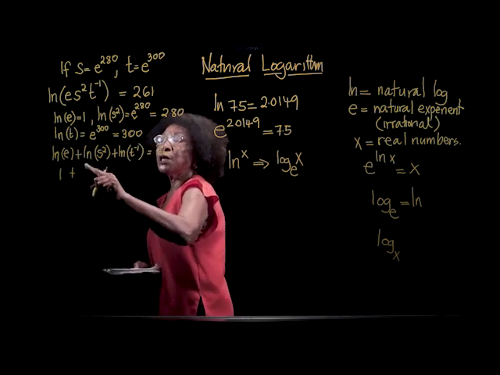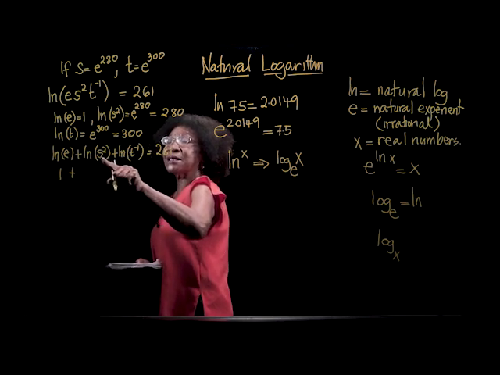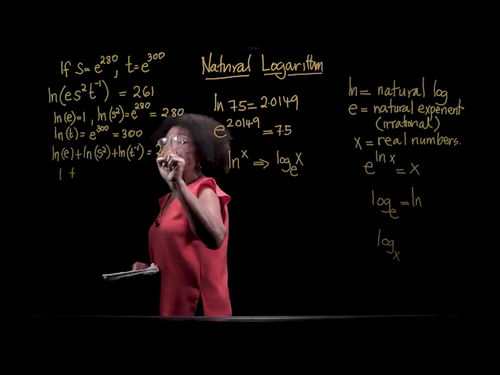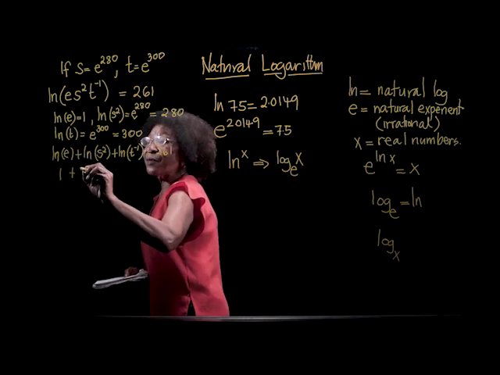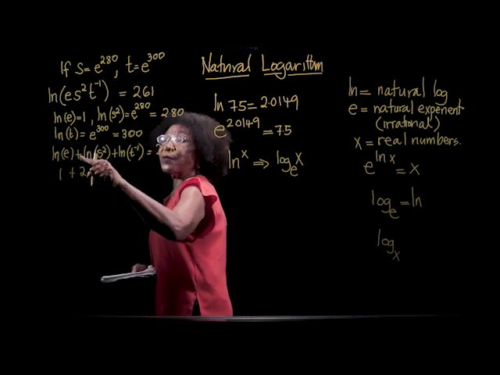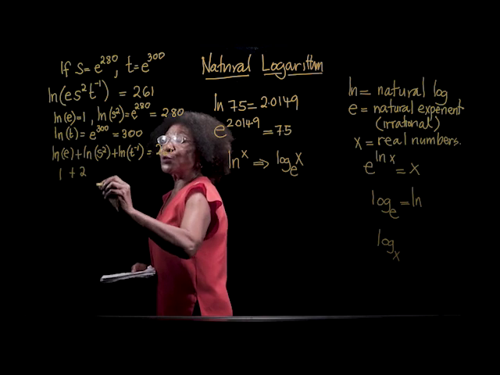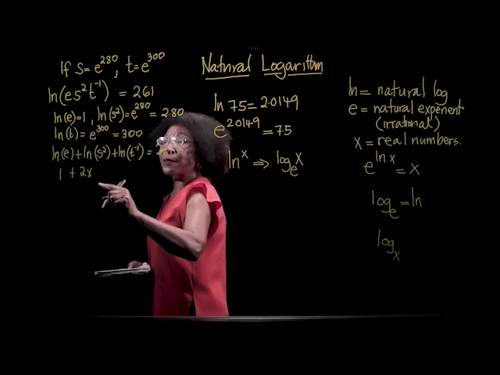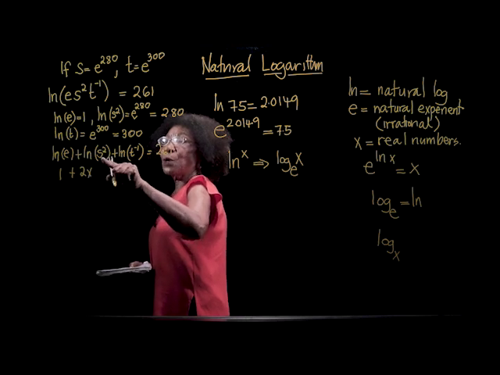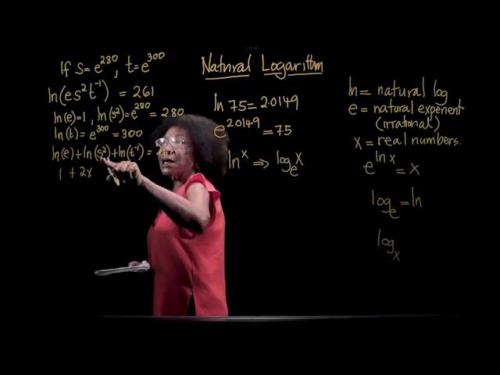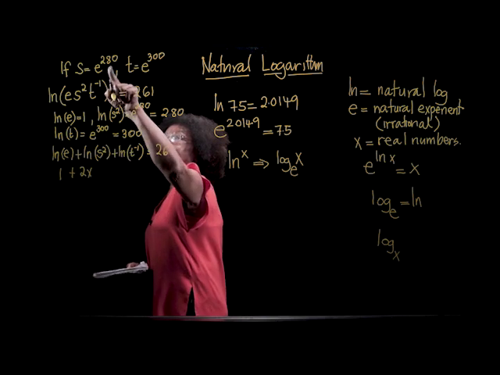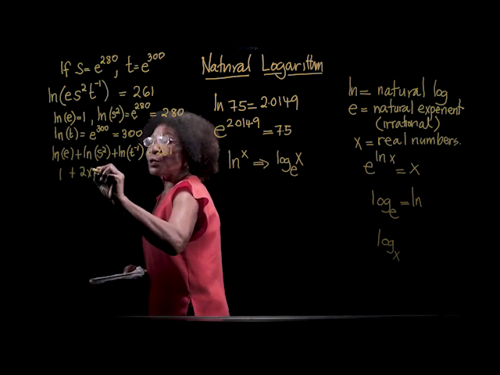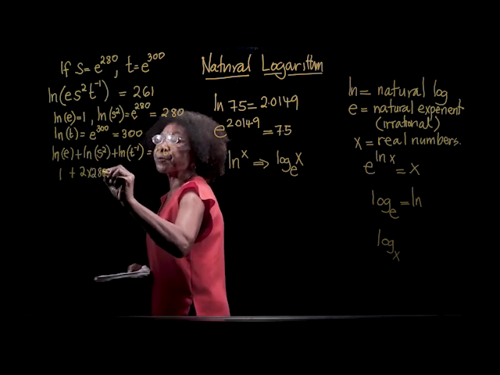Adding that onto ln s squared. Note that I'll have 2 in front of that, because 2 is the power property. You multiply that with the value of s. And what is the value of s? That would give you e to the power of 280.